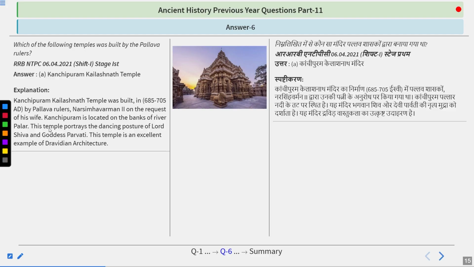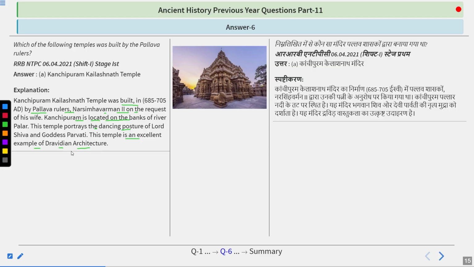So when we talk about Kanchipuram Kailashnath Temple, it was built in 685-705 AD by Pallava ruler Narasimha Varman II on the request of his wife. Kanchipuram is located on the banks of river Palar. This temple portrays the dancing posture of Lord Shiva and goddess Parvati. This temple is an excellent example of Dravidian architecture. So here you can see the temple.